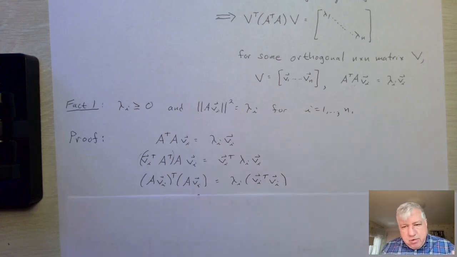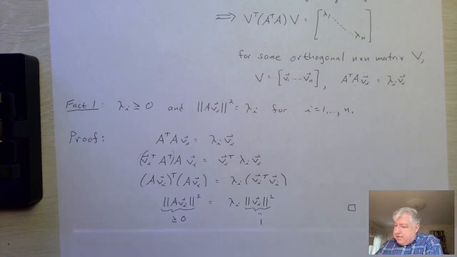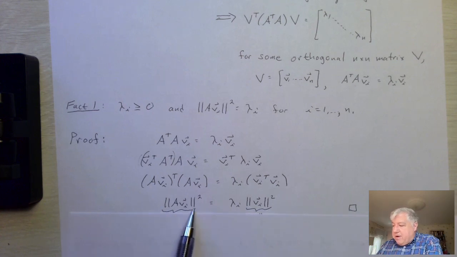But remember, when you take a column vector's transpose and multiply it by the column vector, it's the same thing as taking the dot product, and when you take the dot product with itself, you get the square of the length. So this is the length of A Vi squared, and this is the length of Vi squared.